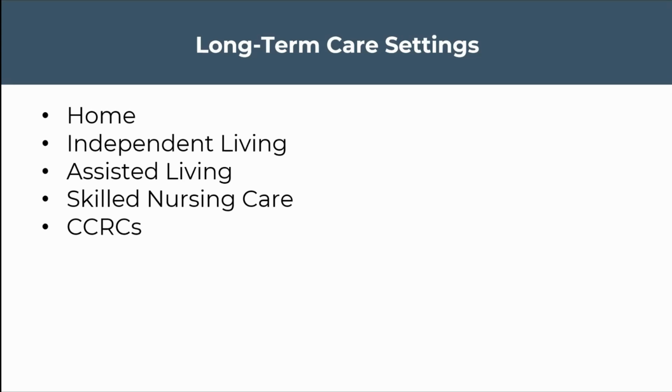Some are just independent and assisted. The level of care at independent is usually not real great. They might do cleaning of the apartment every once in a while, or they may have a dining hall that they can go to. Usually you can look for anywhere between $2,000 and $5,000 a month, sometimes a little bit more depending on where you are for this.